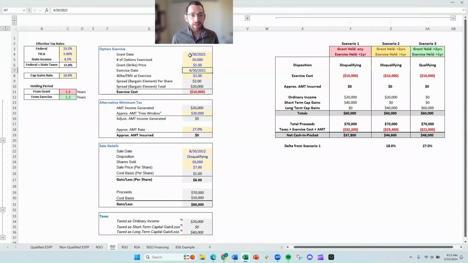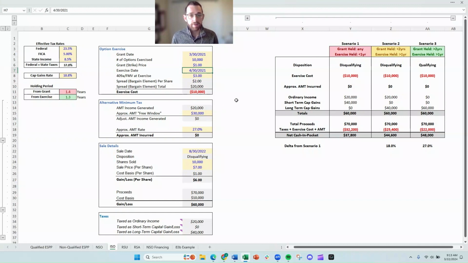So we still didn't hit the grant date requirements of holding the shares for at least 2 years from grant, but we have held the shares for at least 1 year since exercise. That's scenario two here. We still have a disqualifying disposition. The exercise cost is the same, but now instead of having short-term capital gains on that $40,000, now we have long-term capital gains, which are taxed at a more favorable rate. And so you can see that that leads to some additional cash in your pocket from holding on to those shares for at least a year from exercise.